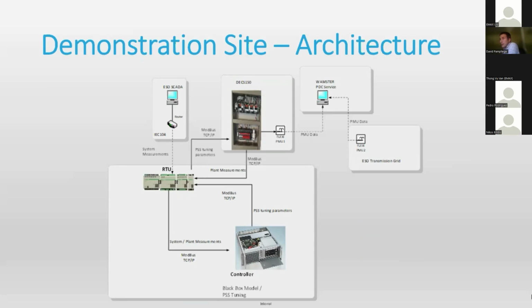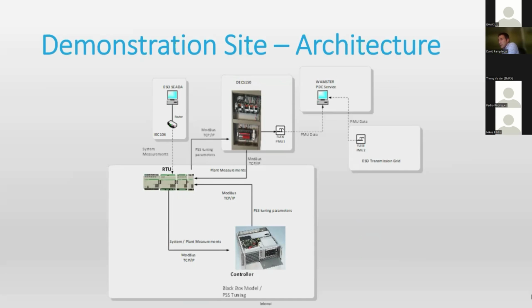Then we have the AVR, in which there is a bidirectional communication, because we are getting measurements from the AVR and also all the settings, parameters that have been defined in the AVR. And the controller, again, bidirectional communication, because the controller will receive all the data from the AVR and from the transmission grid, will perform the calculations, and then will send the information back to the RTU and then to the AVR in the end.